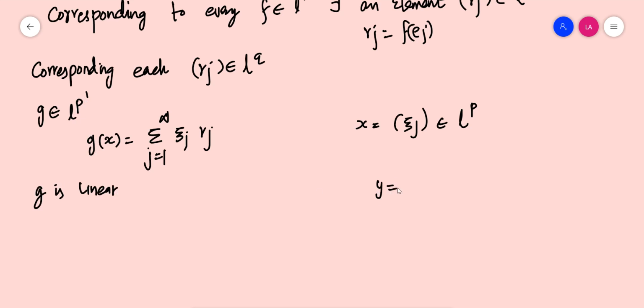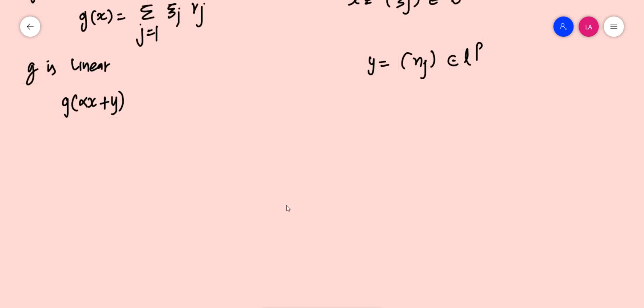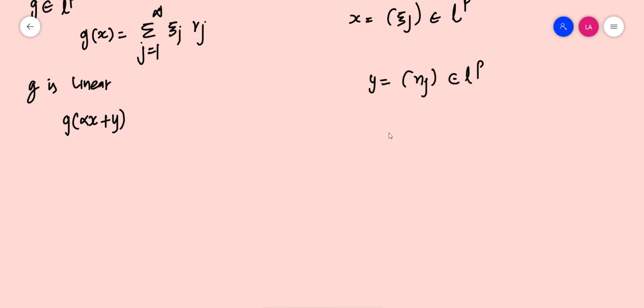If y is equal to the sequence eta j, an element in LP, and alpha is any constant, and x is defined as this, then g of alpha x plus y should be equal to, now the sequence alpha x plus y should be alpha theta 1 plus eta 1, alpha theta 2 plus eta 2, alpha theta 3 plus eta 3, etc. This should be the sequence.